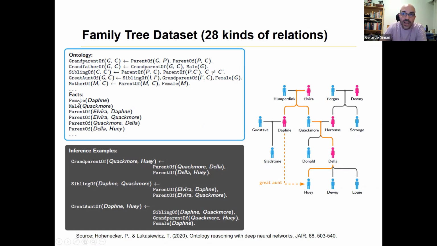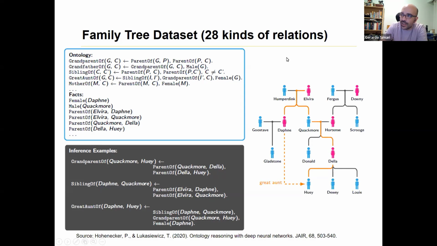So we have facts which state the gender, in this case considered as either male or female, and who's parent of who. And then some examples of inferences that you can do, like in this case, if you take Della and Huey, Della is a parent of Huey, and Quackmore is the parent of Della. So then Quackmore is the grandparent of Huey, right? The same kind of thing for sibling and great aunt.